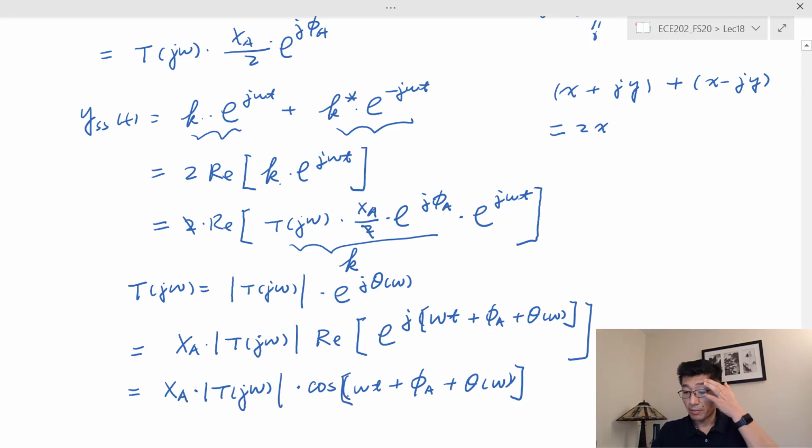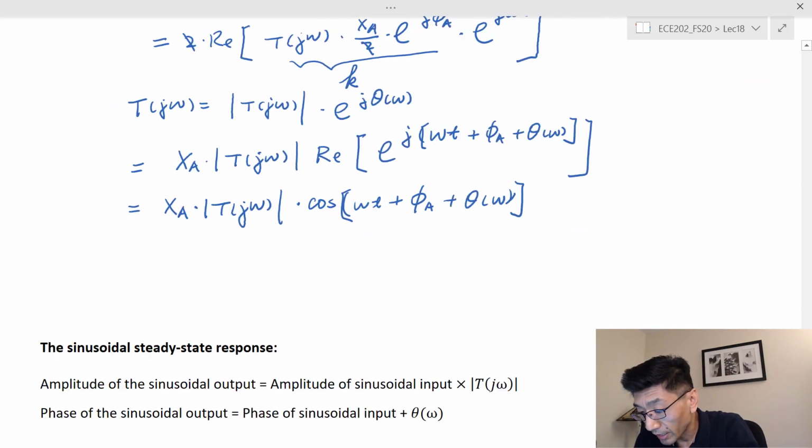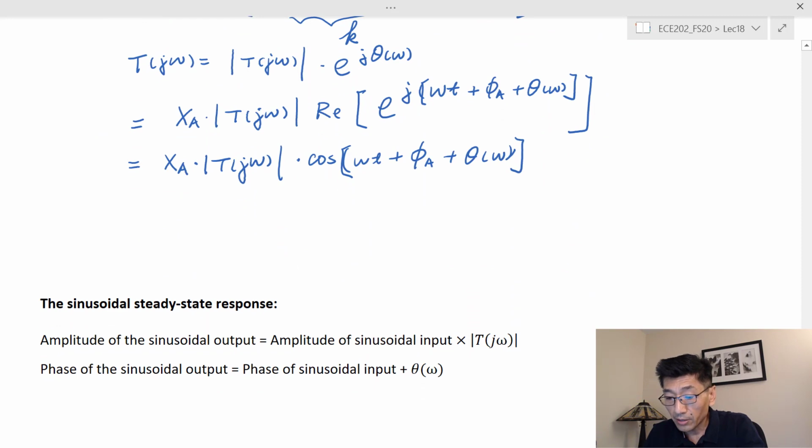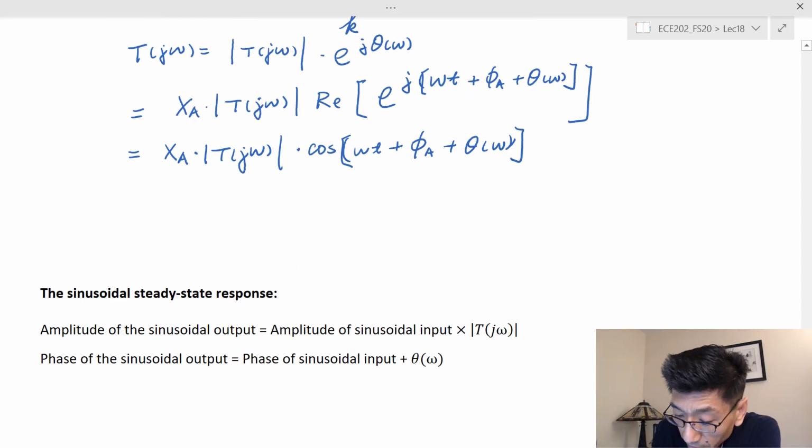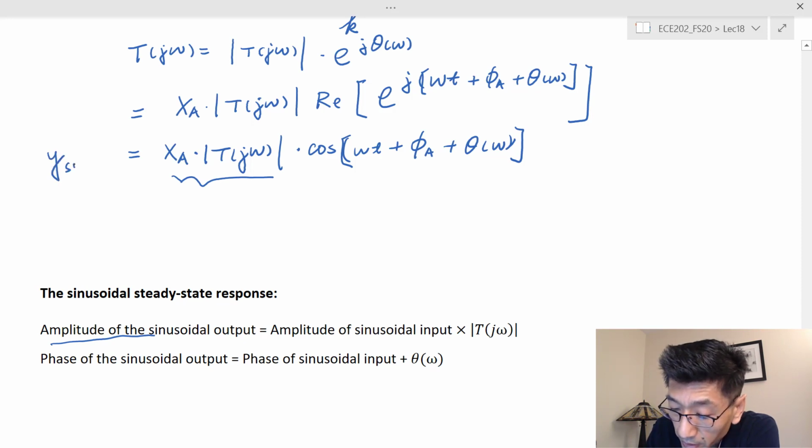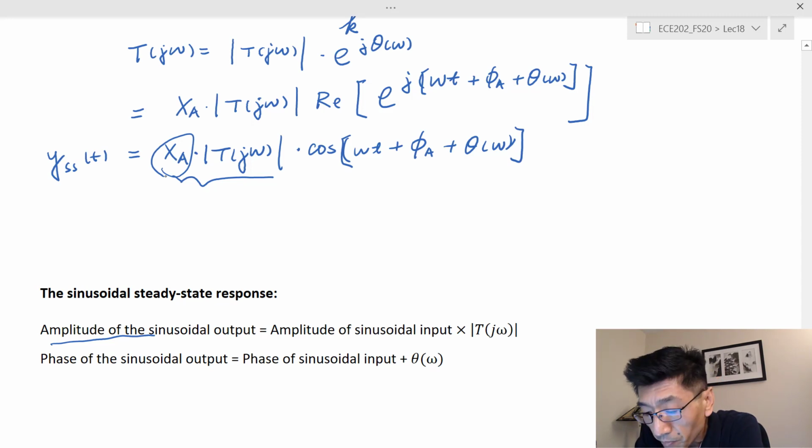So in this case, we actually can see the sinusoidal steady state response, y_ss(t). The amplitude is just the amplitude of the input, scaled by the magnitude of T(j omega), right?